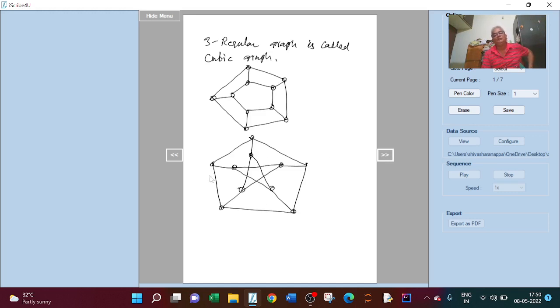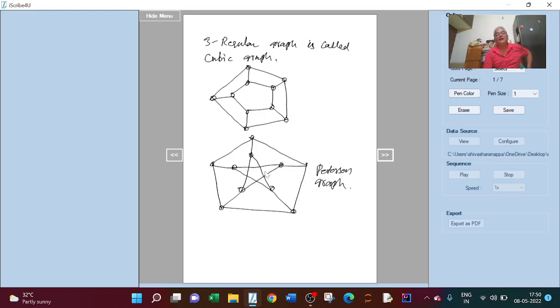Here we have 5 vertices outside and 5 inside, total 10 vertices, and the degree of each vertex is equal to 3. Therefore, this is a cubic graph. And this graph is known as the Petersen graph. This graph is defined as the Petersen graph.